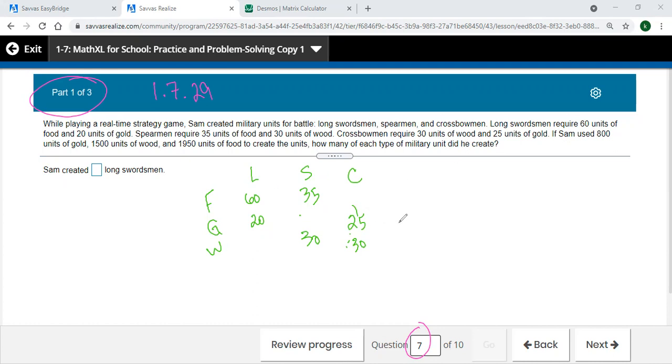So if I do 25G plus 30W, this is for the crossbowman. Wait, just for the gold, that's not setting it up right. Let's see, let's undo that.